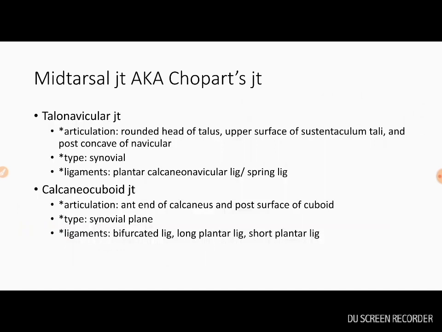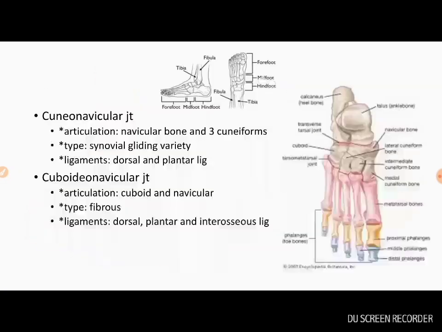Your mid-tarsal joint is located on the midfoot.